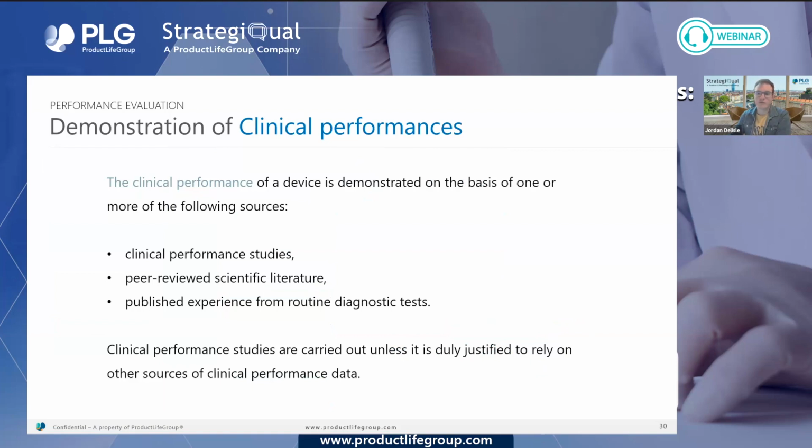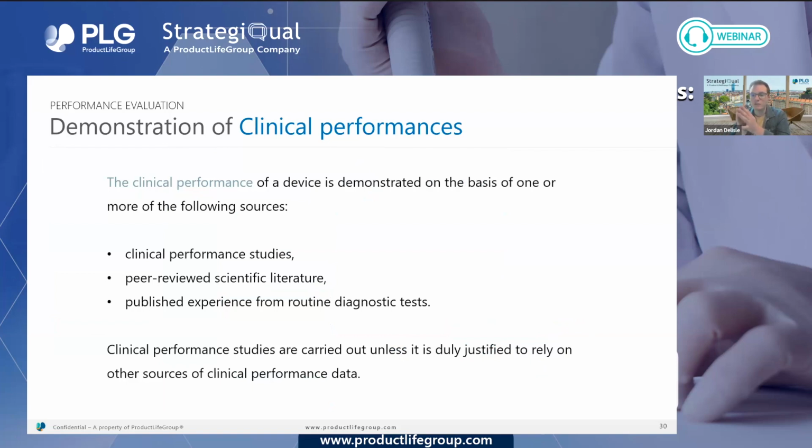The clinical performance of a device is demonstrated on the basis of one or more of the following sources. It can be clinical performance studies, peer-reviewed scientific literature, or published experience from routine diagnostic tests.